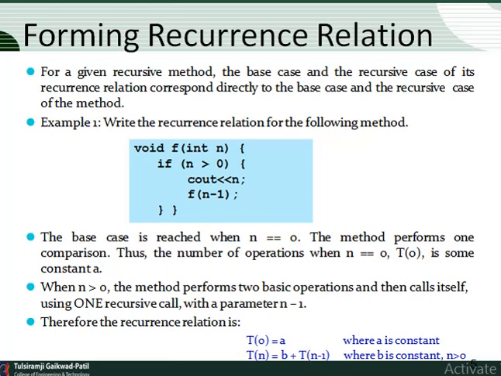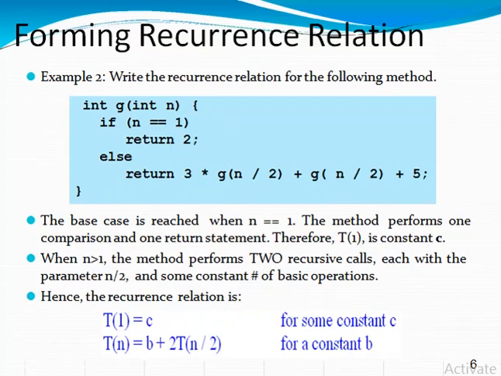As the name suggests, a function that calls itself again and again is called a recursive function, using one recursive call with parameter n minus 1. Therefore, the recurrence relation is T0 is equal to a, where a is a constant, and Tn is equal to b plus T of n minus 1, where b is a constant, for n greater than 0.